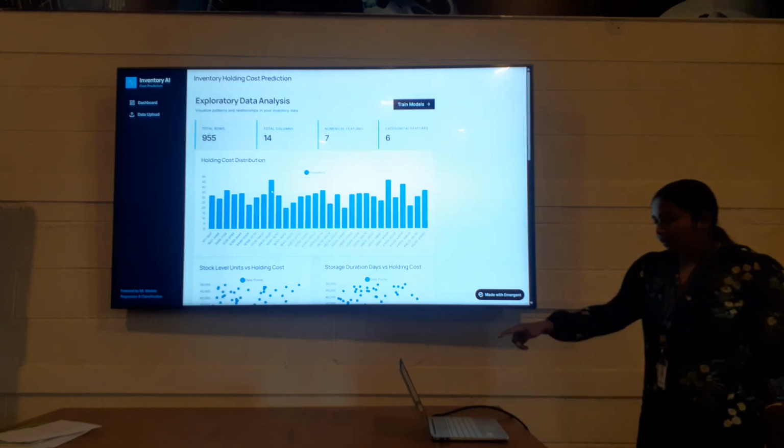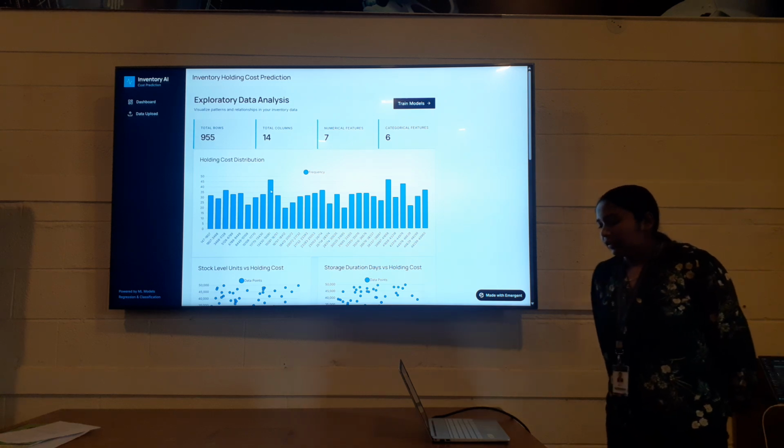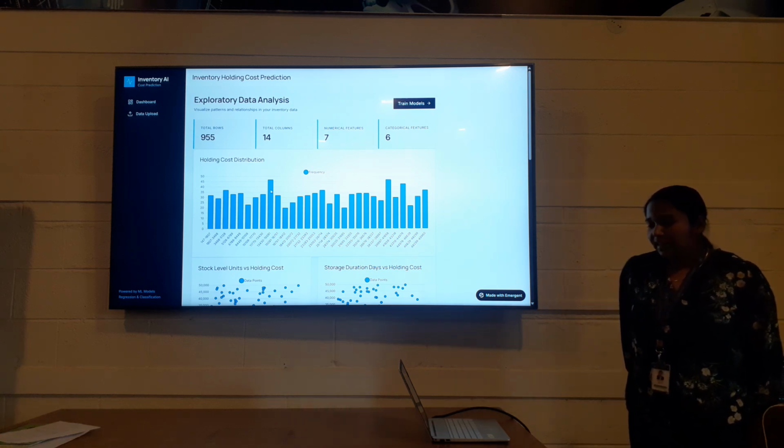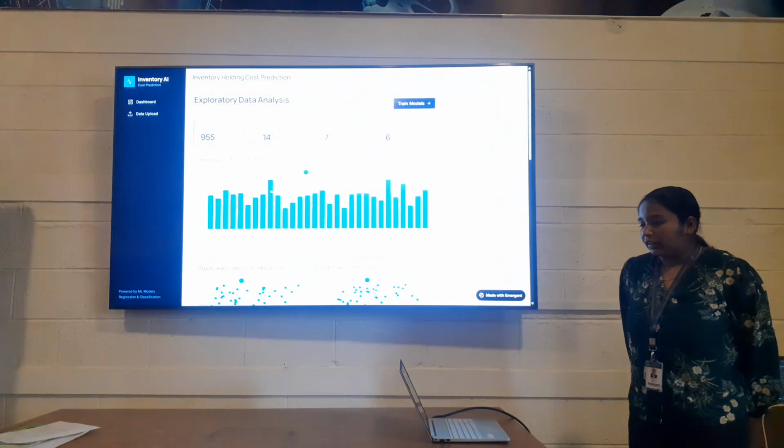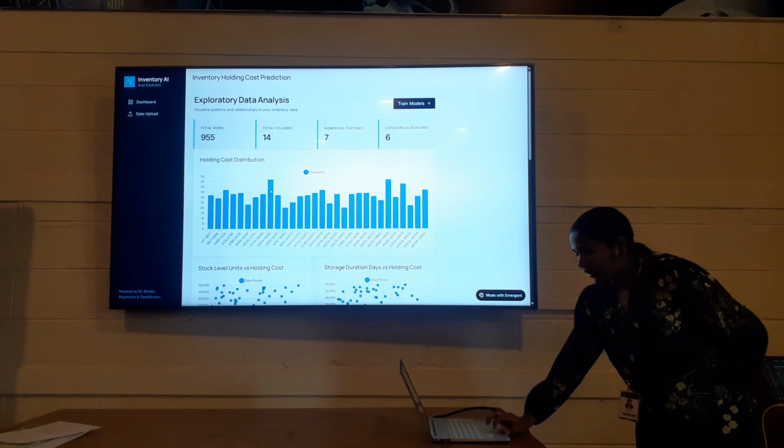After uploading the data, the server reads the data and sends it to the model. Once the model is trained, it needs to be loaded. Here, the exploratory data analysis will occur.